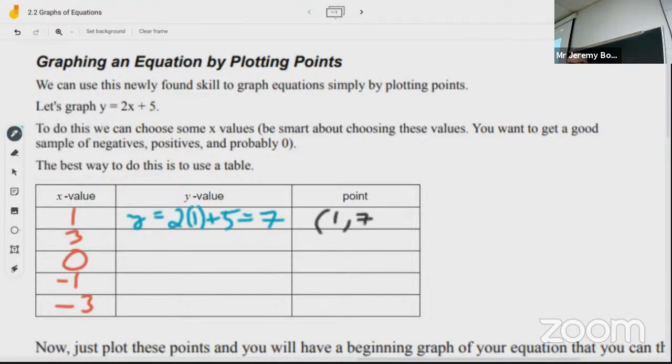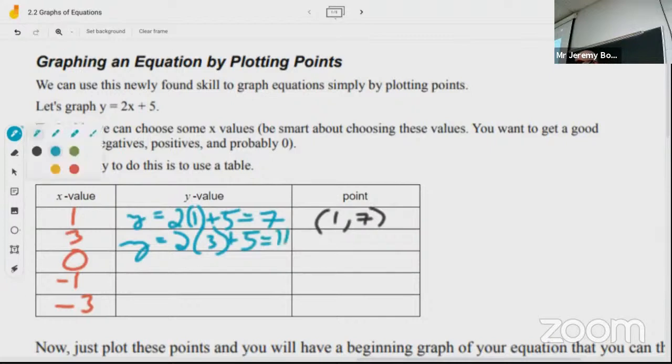It's 1, 7. And let's see what else we got. We do 3. The y is equal to 2 times 3 plus 5, which is going to be 6 plus 5, which is 11. We got another point. I graph 3, 11.